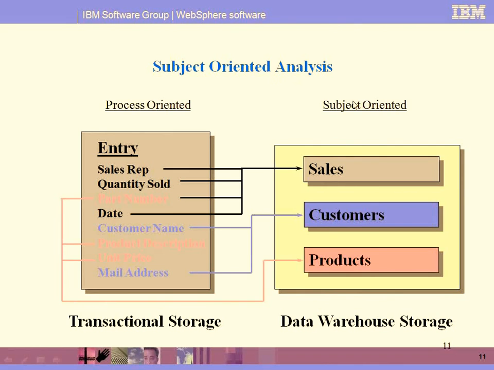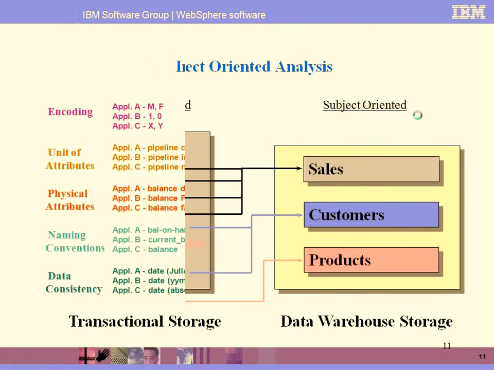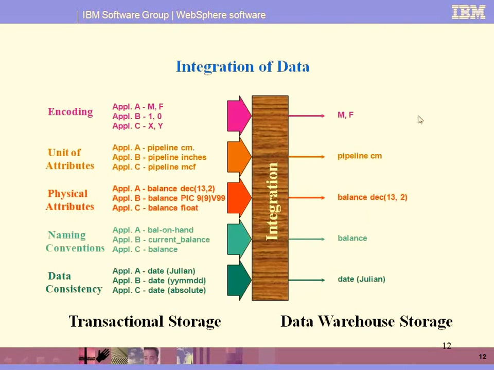The second one is integration of data. When we are working on any data warehousing process, transactional storage systems maintain different transactional systems with different formats. Assume that we have three systems: application A, application B, and application C. All three systems have the same column called gender code, right?